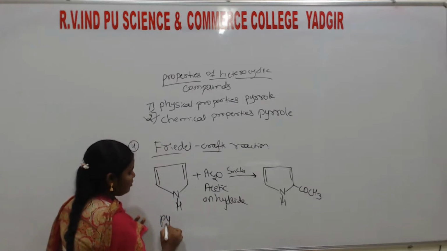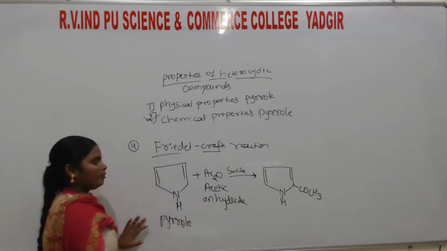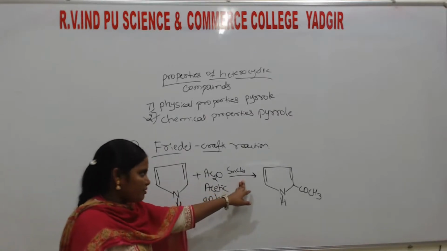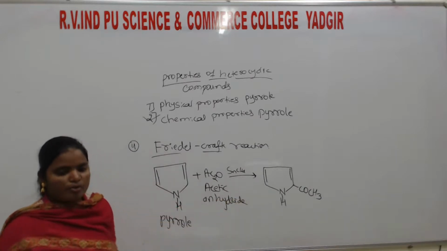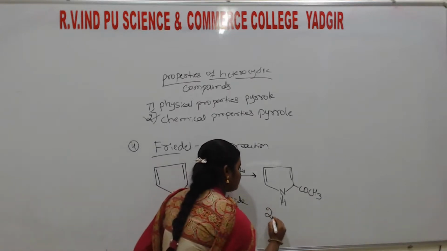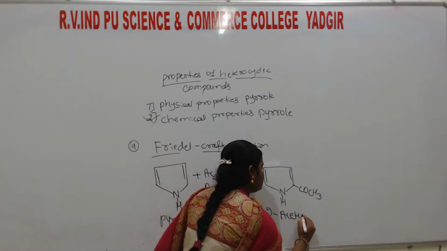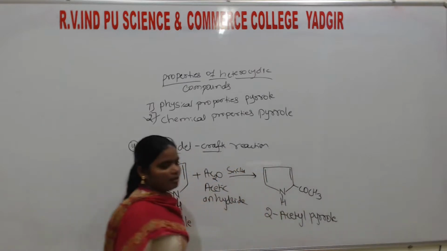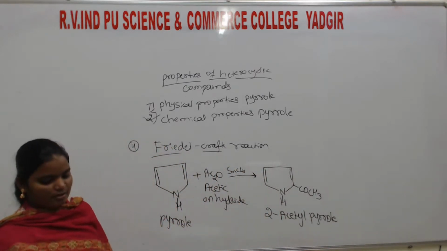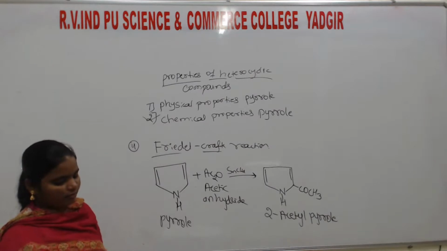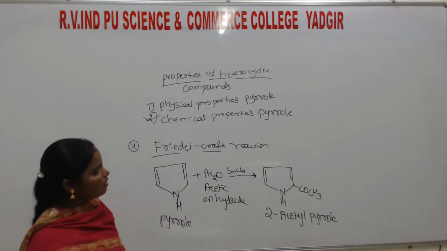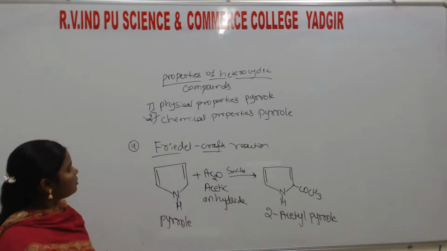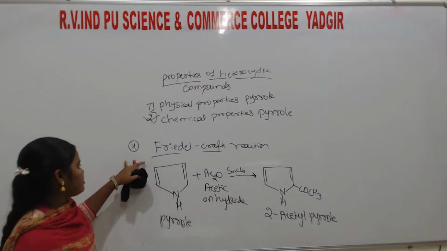This is a pyrrole, and pyrrole is treated with acetic anhydride in the presence of stannous chloride, and the formation is 2-acetylpyrrole. Okay, next. This is the fourth reaction. Next, the fifth one.